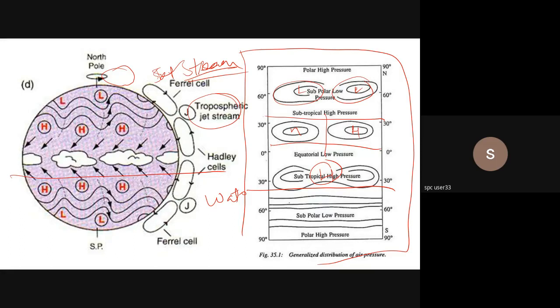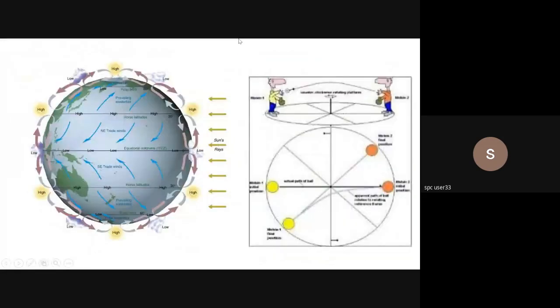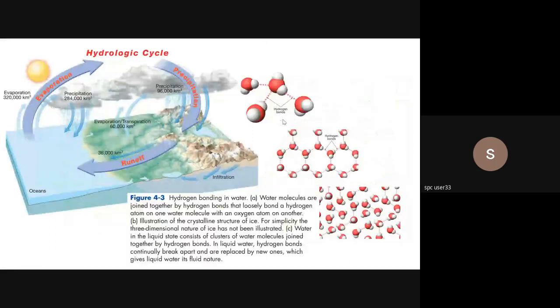Okay, I don't think we need to go into the details of jet streams because, as I said, it's for advanced level studies in climatology. Those who are interested can look for material on the internet if they want to go into the details of that. Okay, this, as I said, is again what I explained to you as far as Coriolis force and its impact is concerned.